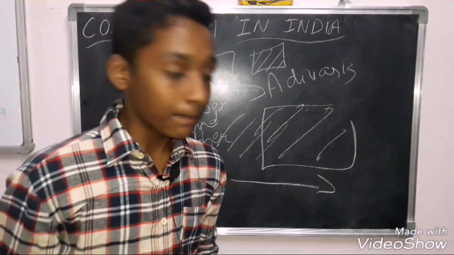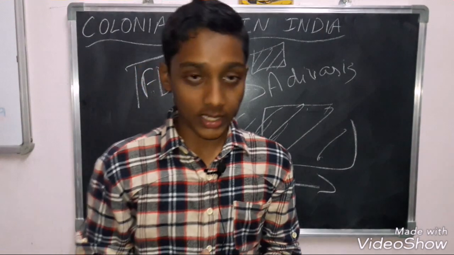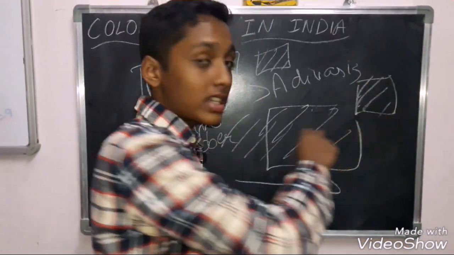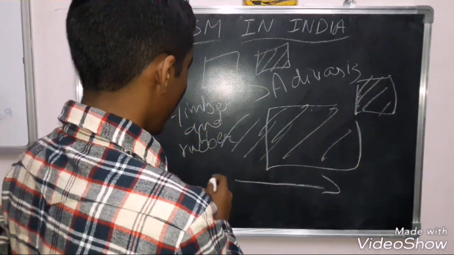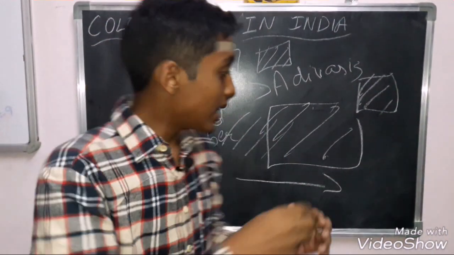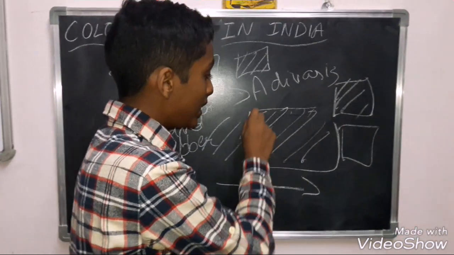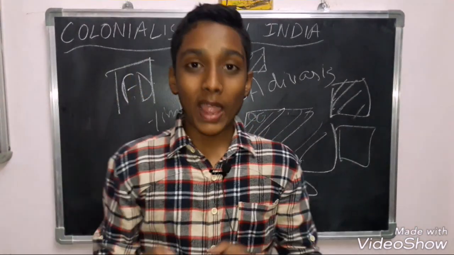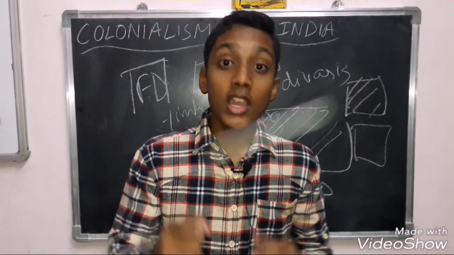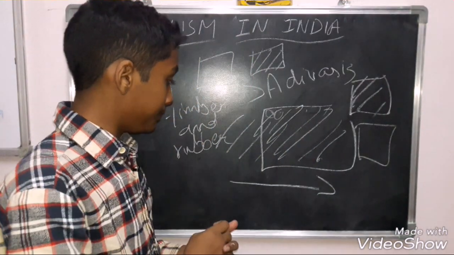This Forest Department ensured that a large amount of forest cover wasn't cut. But the British were so evil that in the areas which were cut down, they didn't grow trees like mango and banyan to increase the green cover. They grew the trees which were profitable to them, which I told you, timber and rubber.